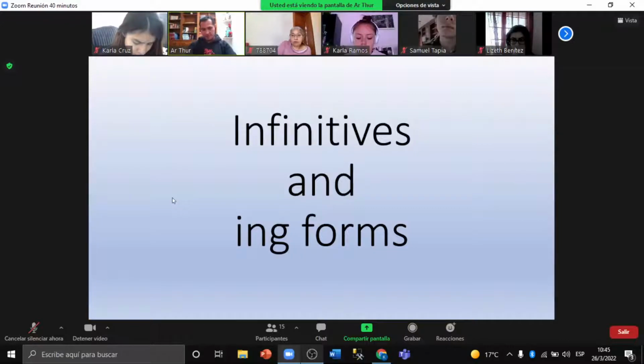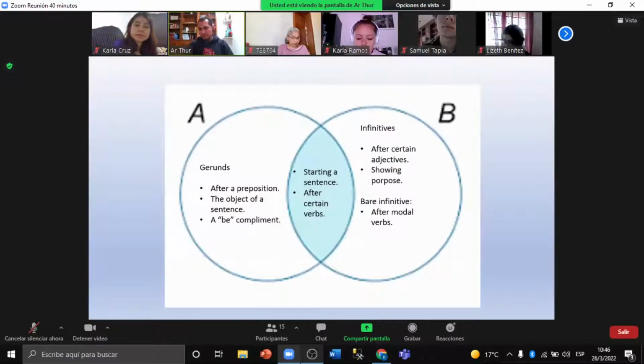Ing forms, with ing only at the end. Whipping, sweeping, cooking. Those are the ing forms. But what are the differences or what are the similarities for these two kinds of verbs?